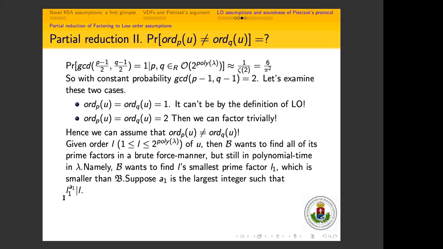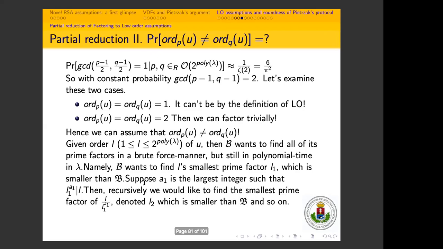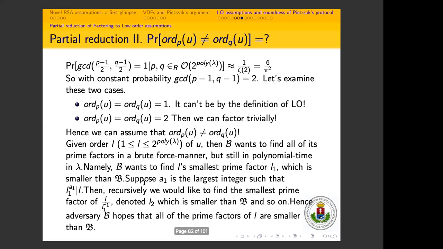So we find the smallest factor, and we raise it as long as we can, up to A1, the maximal exponent which divides L, and then we iteratively continue. Let's hope that all the prime divisors of L are smaller than B. If this is the case, then we won and we can factor the modulus.